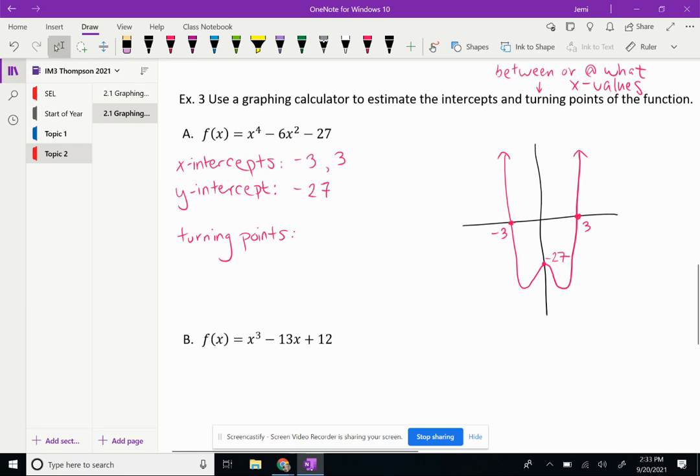So the turning points occur between -3 and 0. Here's a turning point here. One occurs at 0.